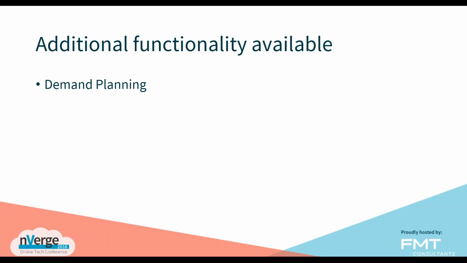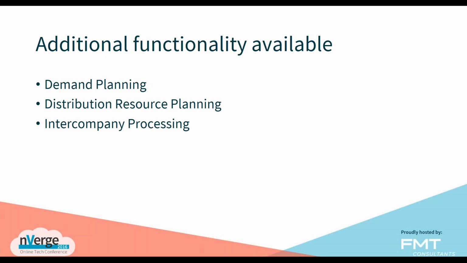What do I need to build? What parts do I need to order? Distribution resource planning goes along with our supply planning and demand planning. That would give you the ability to decide what locations you want to build at, what locations you buy things, what locations you transfer.